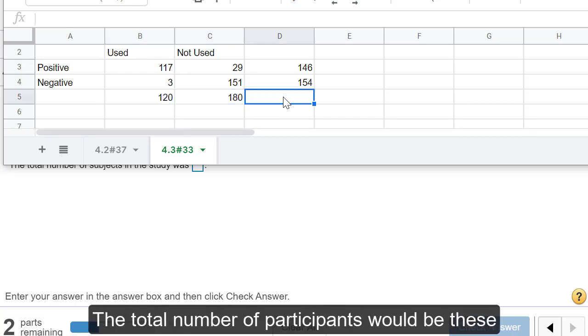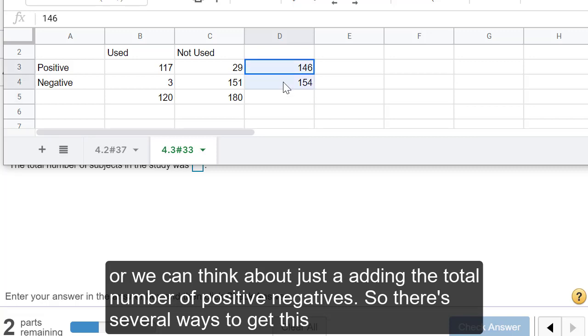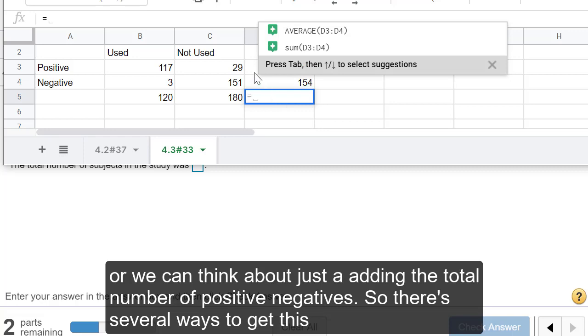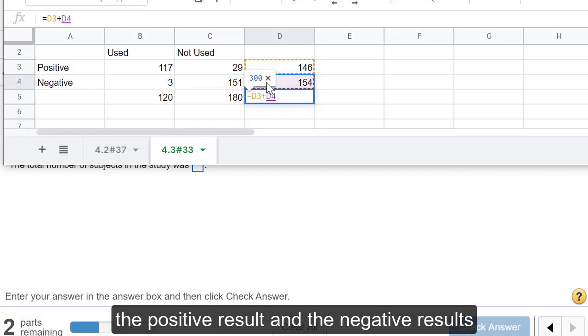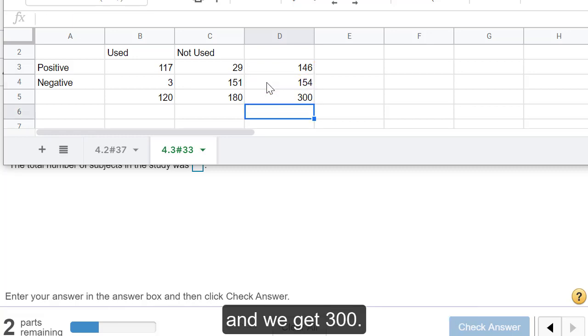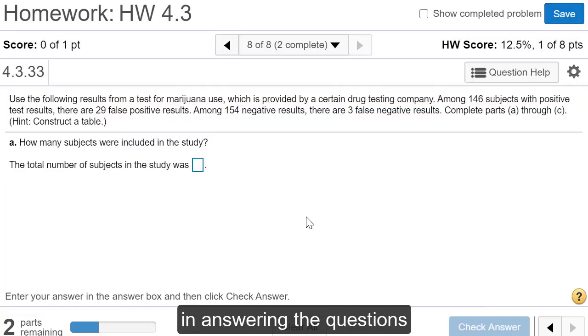The total number of participants would be all of these added together. Or we can think about just adding the total number of positive and negatives. So there's several ways to get this. We can just add the positive results and the negative results, and we get 300. I think this might be enough to get us going in answering the questions.